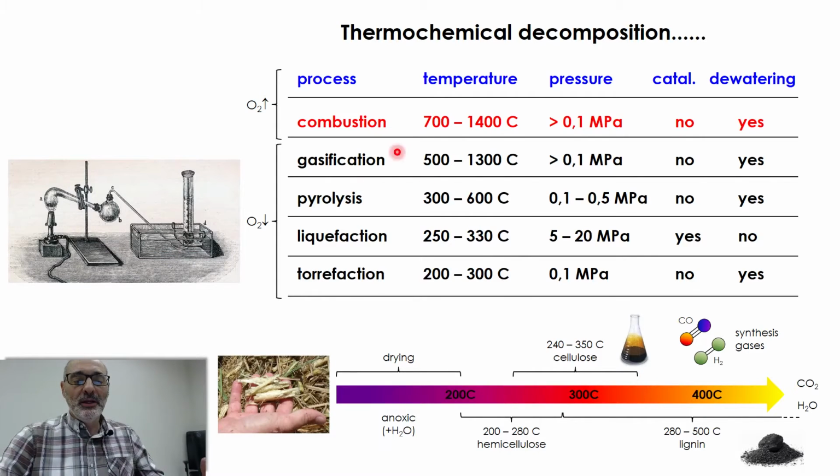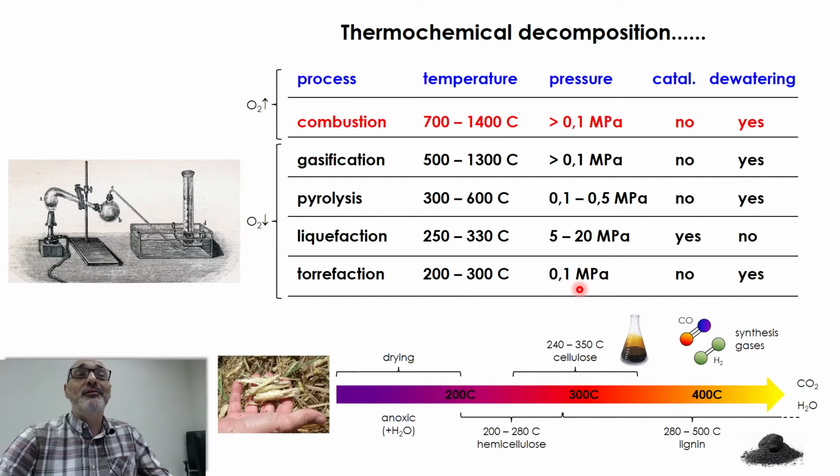Depending on the temperature ranges and pressures, you have different types of reaction. I don't know if you like coffee. I'm really fond of coffee. I would really like to have some coffee right now. But torrefaction is one type of thermochemical decomposition. You take coffee grains and heat them between 200 and 300 degrees in the absence of oxygen at room pressure.